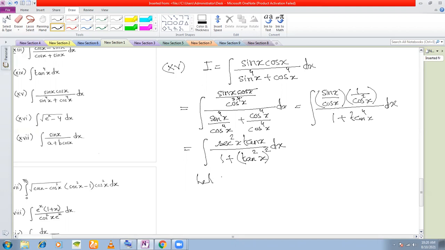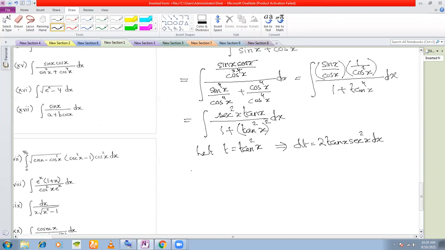So therefore, if you take t is equal to tan square x, that means you get dt is equal to 2 tan x sec square x dx. That means you get sec square x tan x dx is equal to half dt.